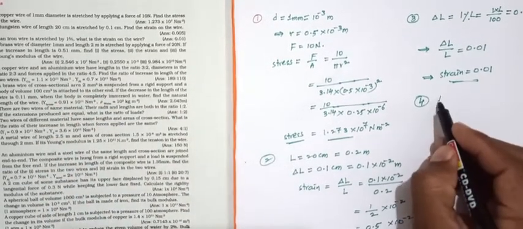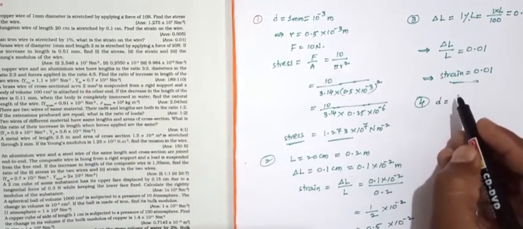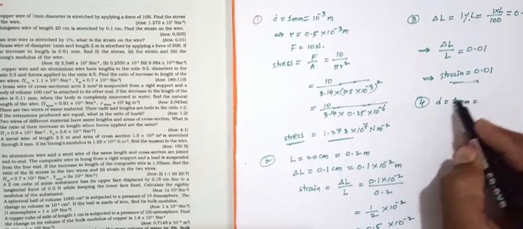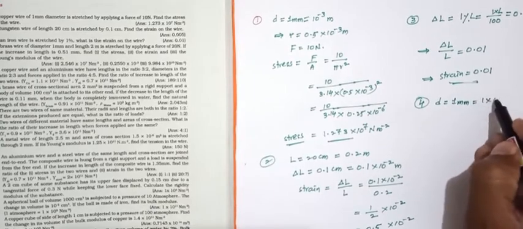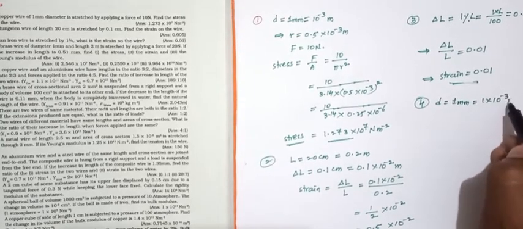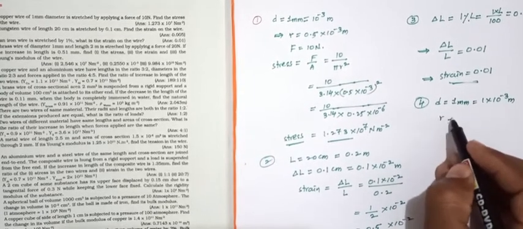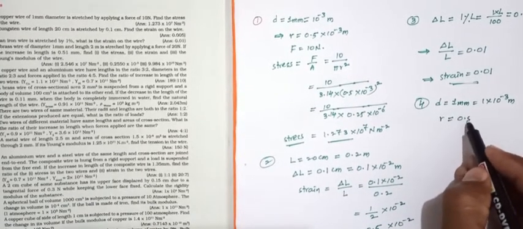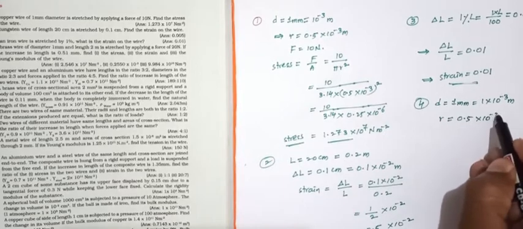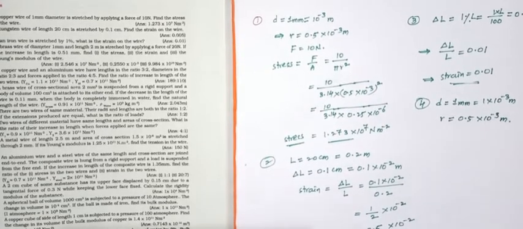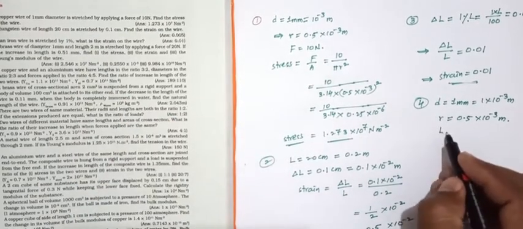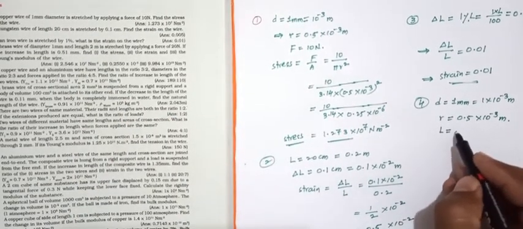The diameter is given: diameter equals 1 millimeter equals 1 into 10 to the power of minus 3 meters. Then the radius is 0.5 into 10 to the power of minus 3 meters. And the length is given, L equals 2 meters.